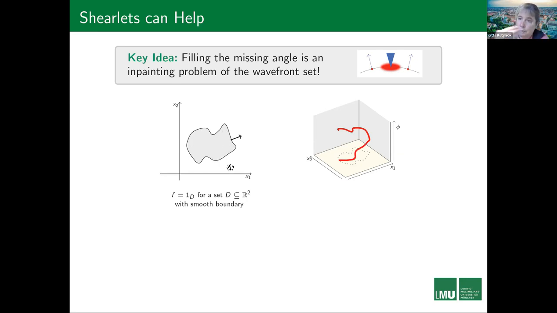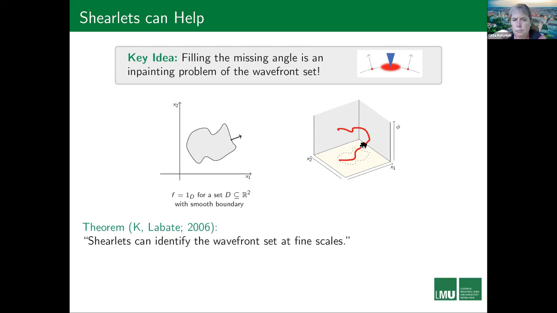And now what we saw in the previous slide is that, depending on the angle, certain edges and their directions you can already recover early, but some you can't. So the problem you can phrase in terms of having some missing parts in the wavefront set. And this is a problem also for the classical method, because these gaps might be too large to actually recover them.